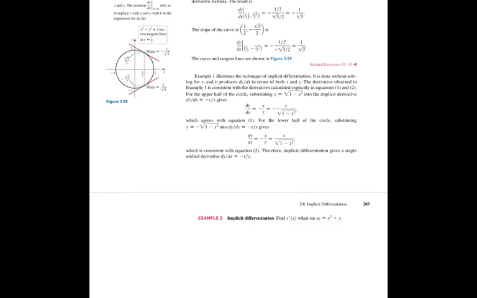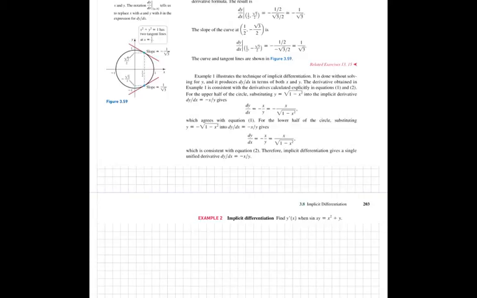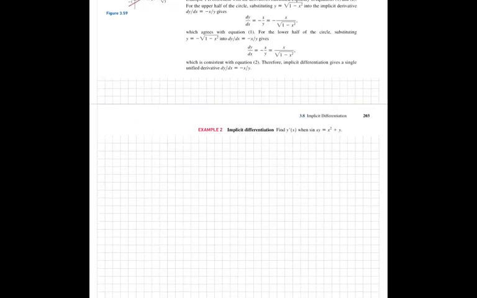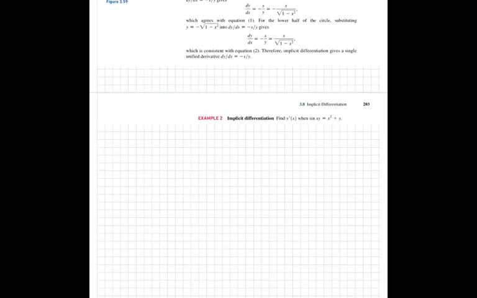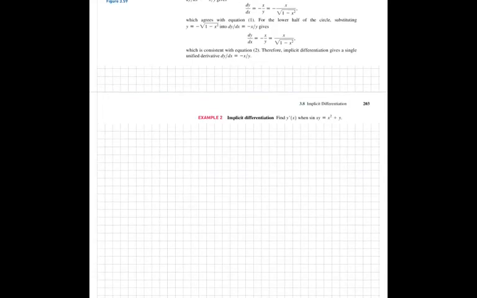Let's try another one though. In example 2, we're asked to find y prime when we have sine of x times y equals x squared plus y.